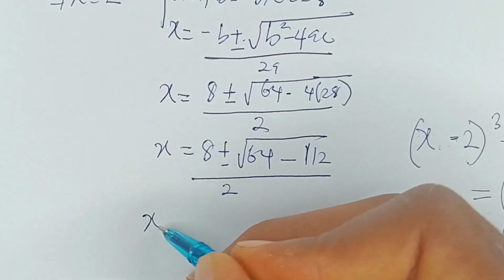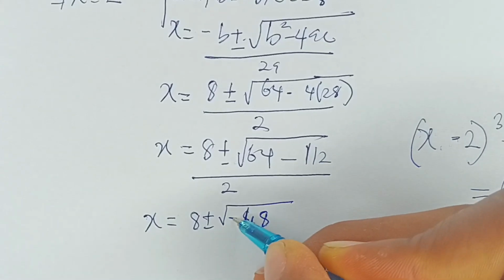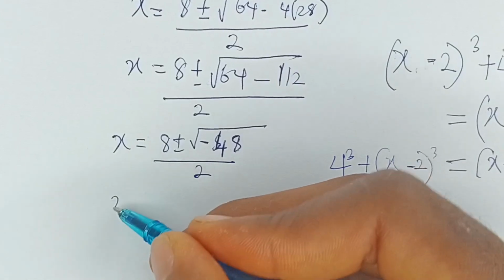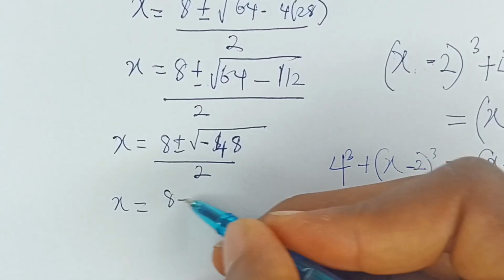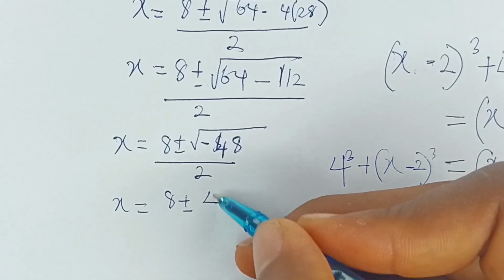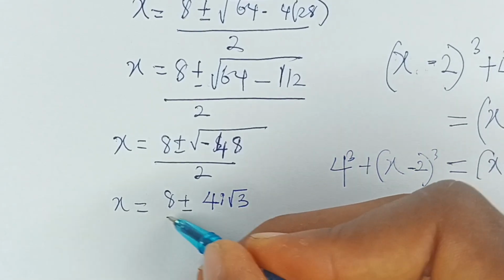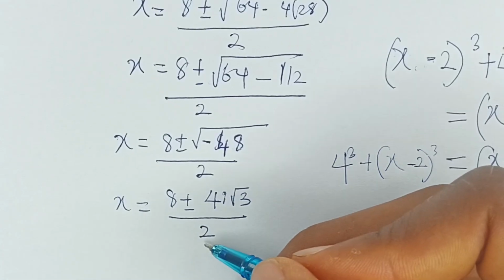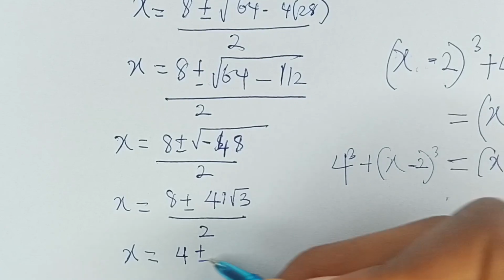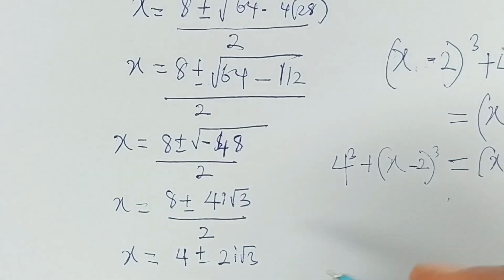From here our x becomes equal to (8 ± √(−48)) all over 2. √(−48) is the same thing as 4i√3, all over 2. Now from here x will become equal to 4 ± 2i√3. Those are the values for x.